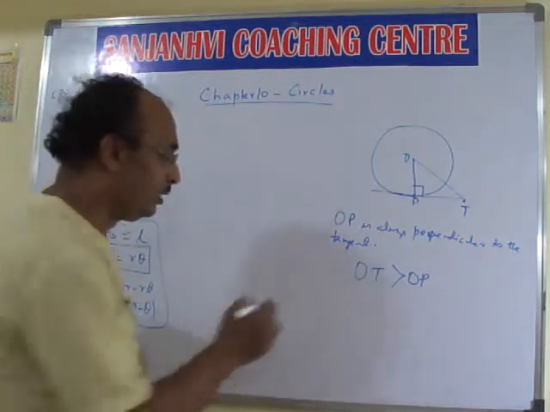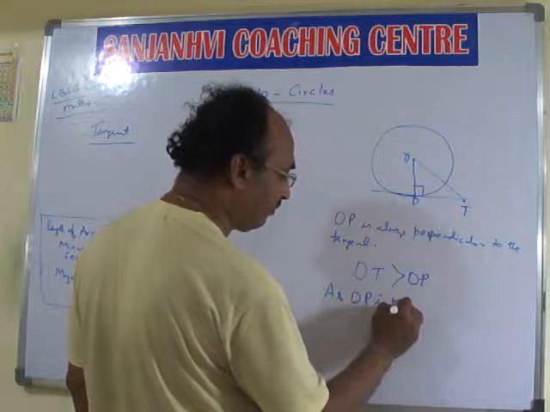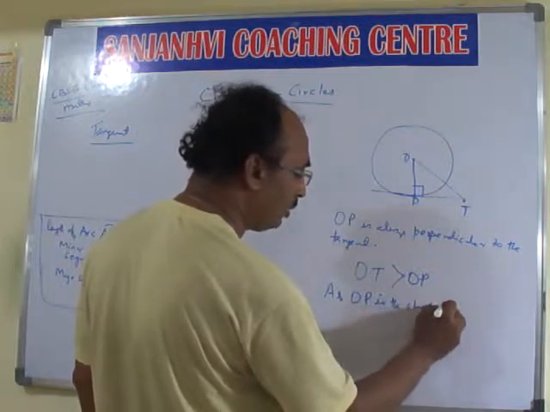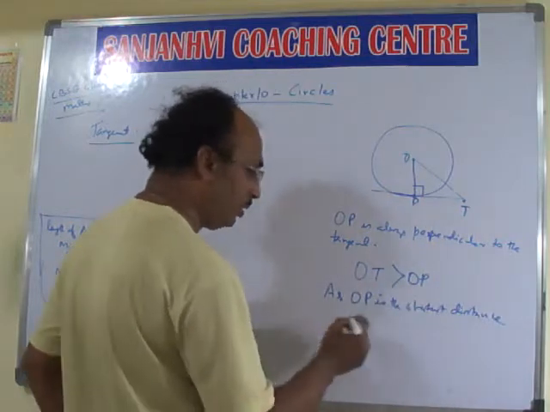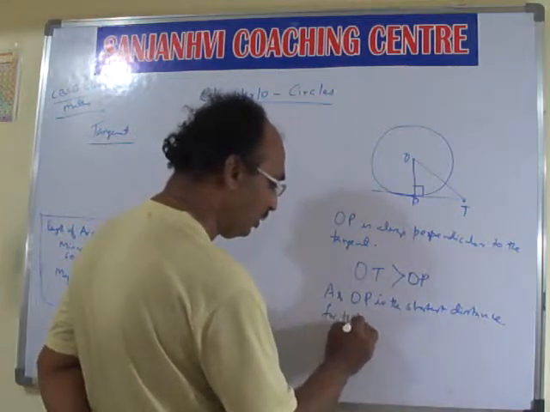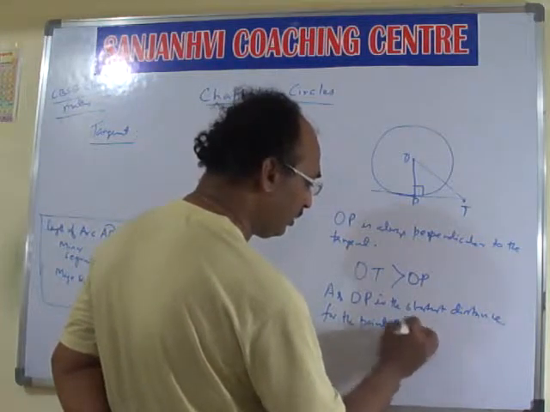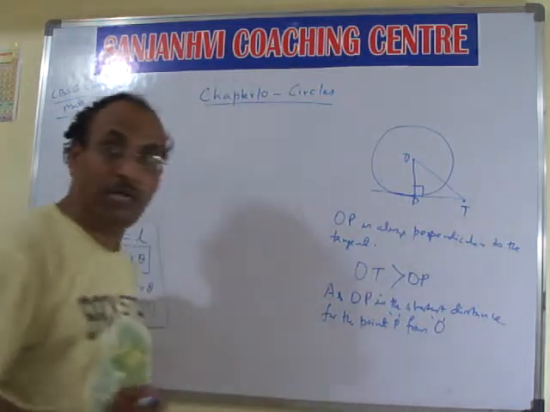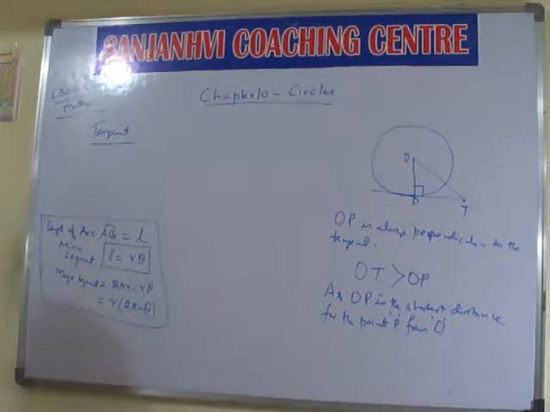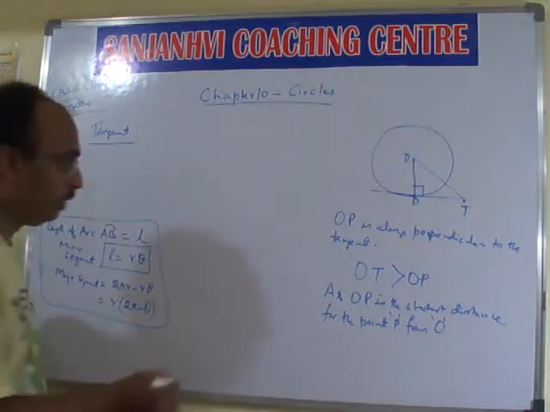As OP is the shortest distance for the point P from O, and we know that the shortest distance is always perpendicular.